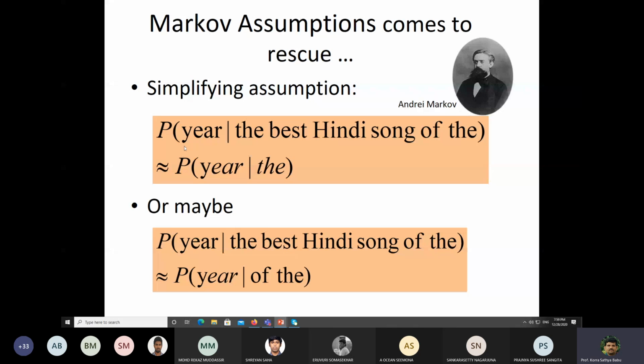The probability of "the" given "of", then probability of "of" given "song", probability of "song" given "Hindi", probability of "Hindi" given "best", probability of "best" given "the". So this only it calculates.